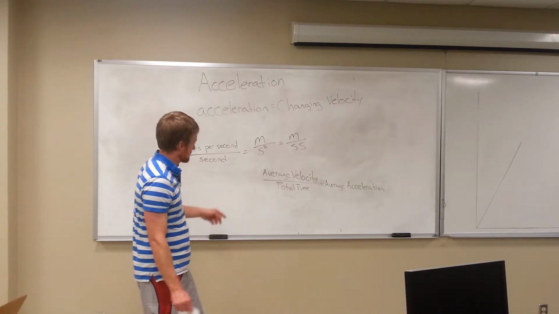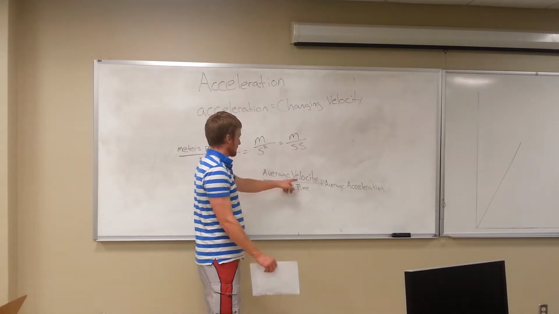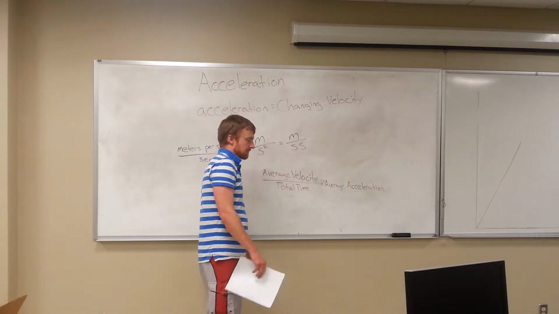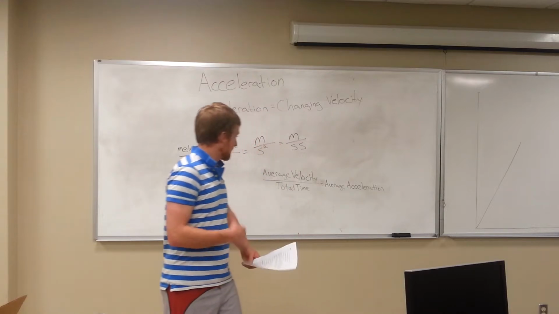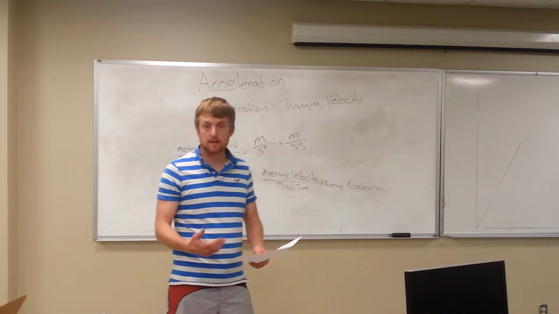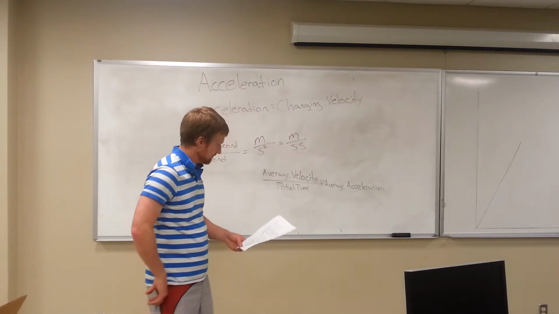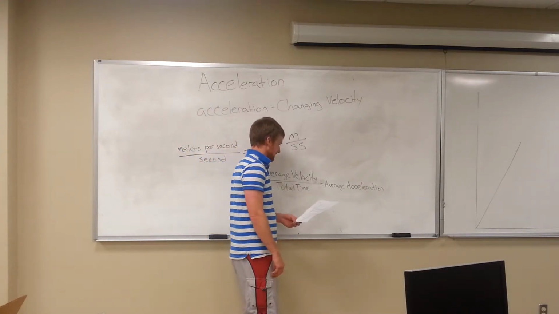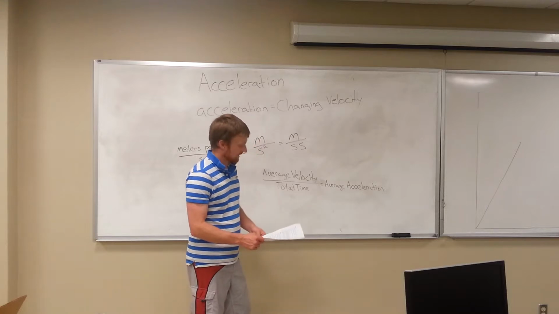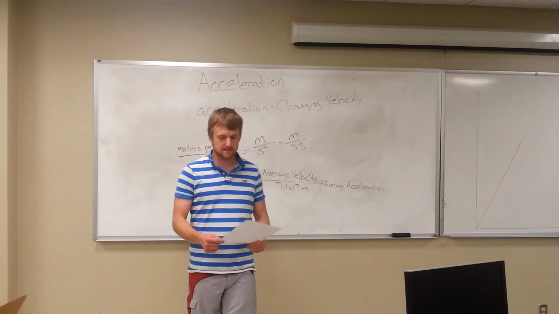Average acceleration is average velocity divided by the total time. And we saw in the previous video how we get average velocity or average speed. Okay? Average acceleration is average velocity divided by total time. Okay, and what is uniform acceleration?